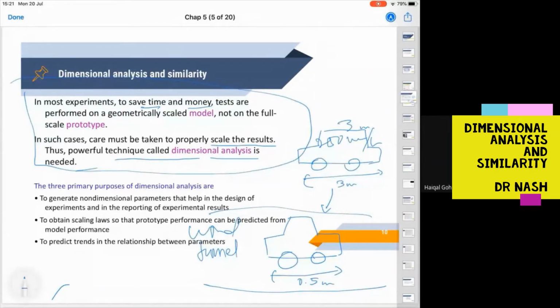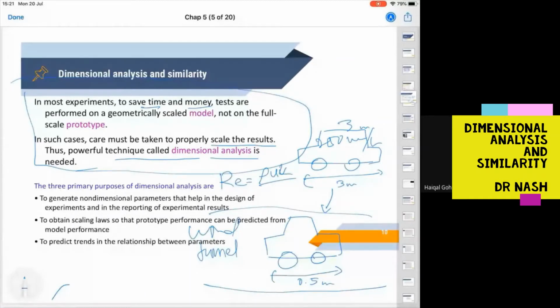For example, if you consider both of them, to make sure that they have similarity, at least we compare Reynolds number. Kan? Kalau Reynolds number dalam real situation, 250 km per hour as velocity, then we can calculate Reynolds number based on rho u L over nu. Reynolds number equals rho u times length over nu.